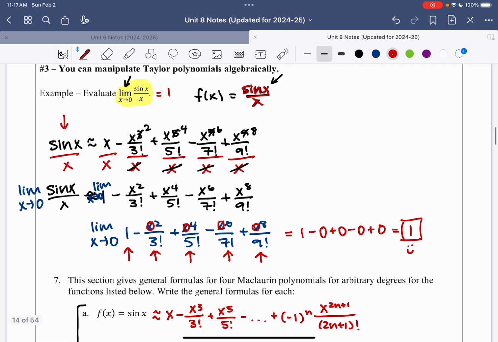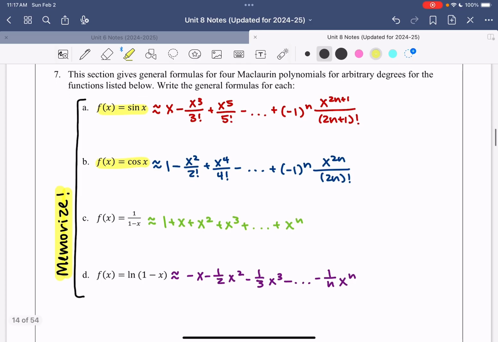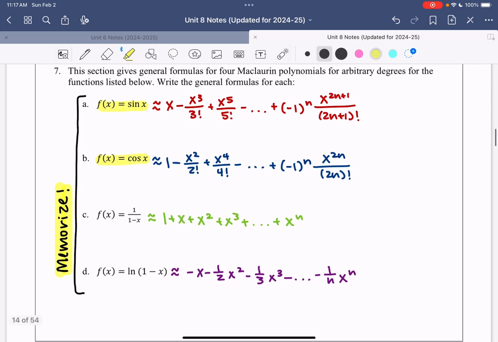All right, to wrap up our video, this section gives different general forms for Maclaurin polynomials for arbitrary degrees for the functions listed. Okay, so in this video, we have talked about sine, and we've talked about cosine, okay? I'm going to give you two other ones that I think we will prove a little bit later on.